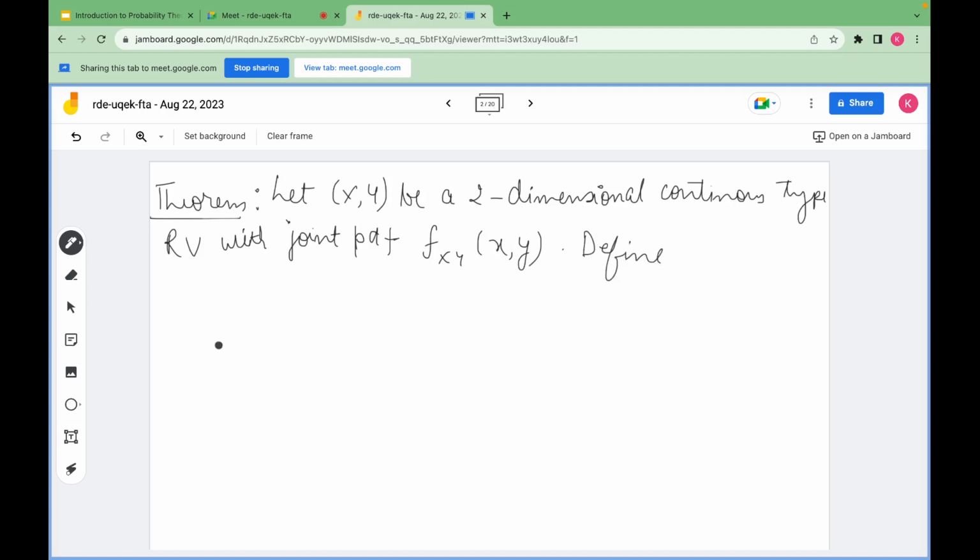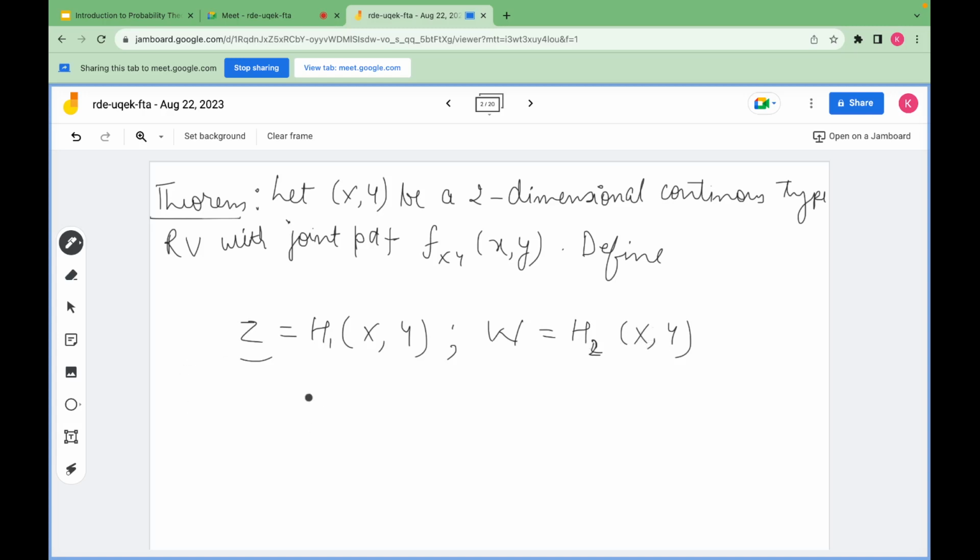Then we can define some z which is a function of x comma y, and another w which is another function of x comma y. So these z and w are random variables. We are given that x and y are two-dimensional continuous random variables, and they have some joint probability distribution. From this information we need to derive the distribution for z and w, where z is equal to some function of x and y and w is equal to some other function of x comma y.